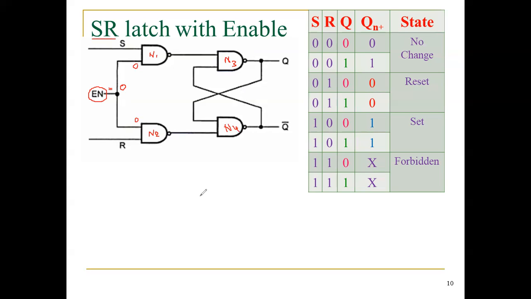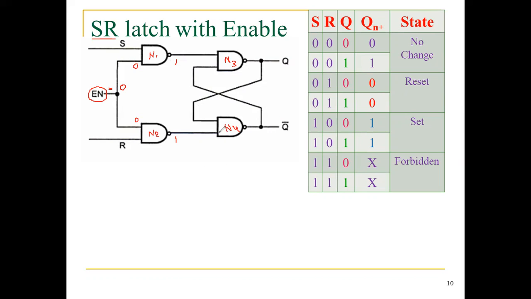Since my enable input is equal to 0, one of the inputs of each NAND gate is 0. I already mentioned that by the definition of a NAND gate based upon the truth table, if any one of the inputs equals 0, the output will be 1. Therefore, one of the inputs of these two gates is now 1.